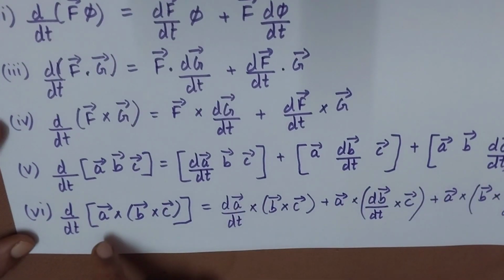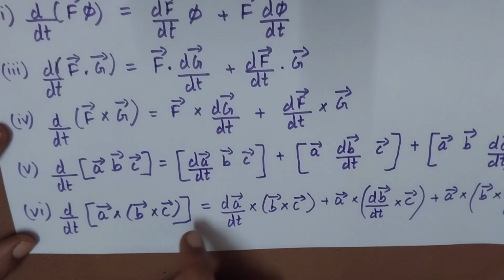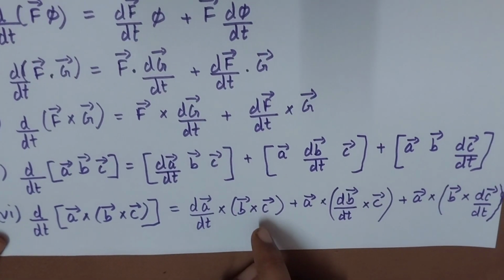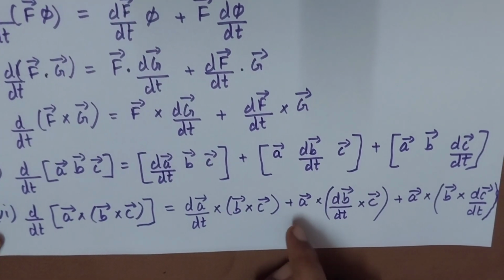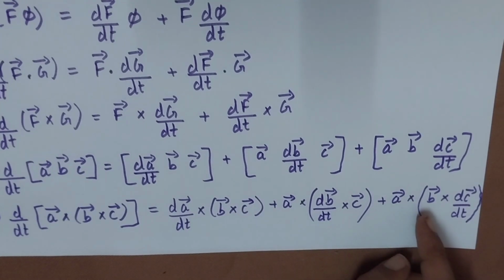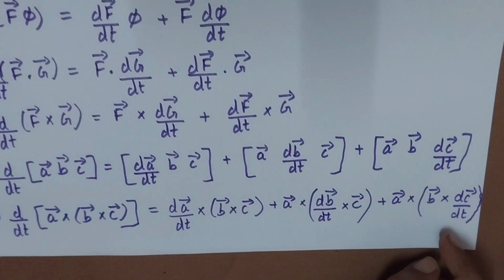Now last formula is d by dt of A vector cross b vector cross c vector equals dA vector by dt cross b vector cross c vector plus A vector cross db vector by dt cross c vector plus A vector cross b vector cross dc vector by dt.